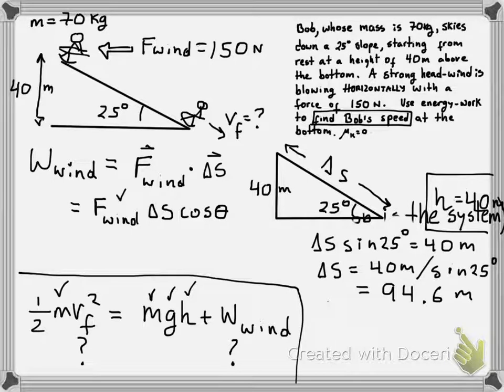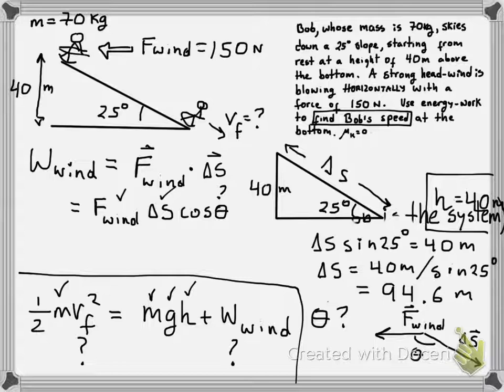So for the work, we can use the force of the wind is 150. We have delta S now, 94.6. The only thing missing to be able to calculate the work done by the wind is the angle between the wind force and delta S. So I'm drawing the force vector at the bottom, so it points to the left. The displacement vector delta S points down and to the right, and we need the angle between those two vectors.